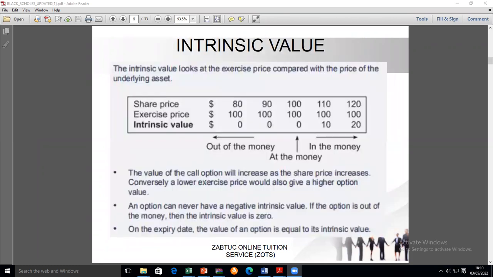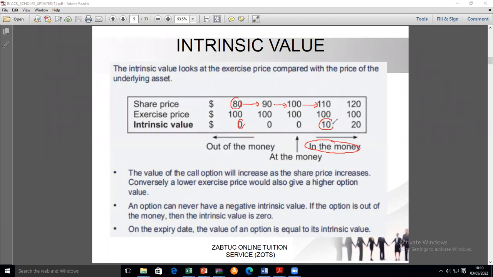Let's go back here. When we started, what was the situation here? The value of the option was what? 0.